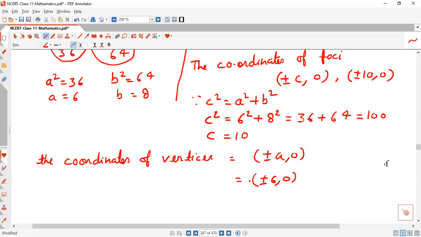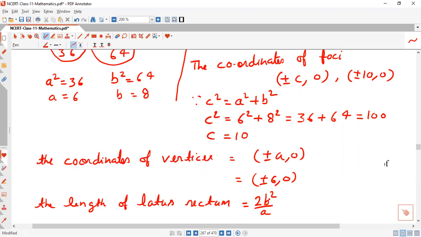Another thing we have to find in this question is the length of the latus rectum. The formula will remain the same, 2b square upon a. In all the cases of ellipse and hyperbola, this is the same formula, 2b square upon a. There is no change in the formula for ellipse and hyperbola.